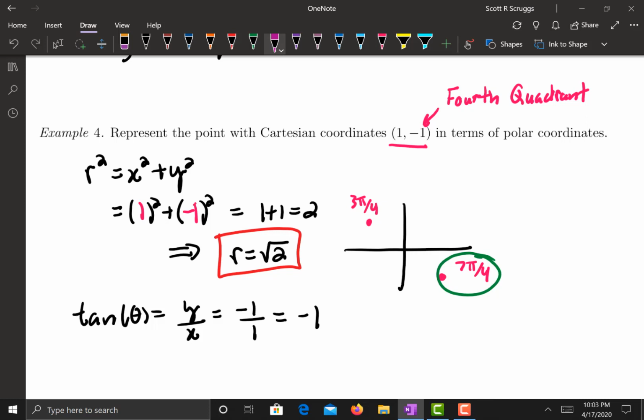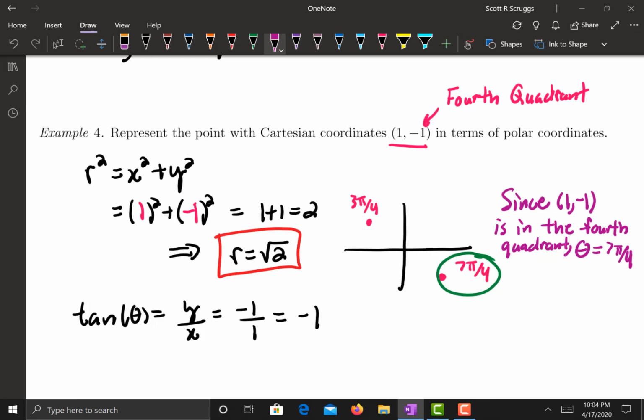So I'm going to make that note, and I'll make that note in purple. Since our coordinate point (1, -1) is in the 4th quadrant, theta is going to equal 7 pi over 4.